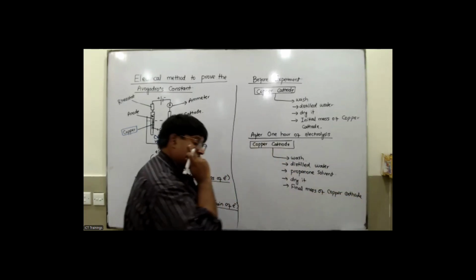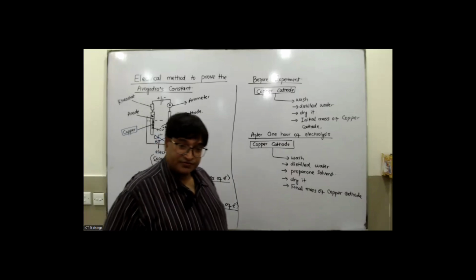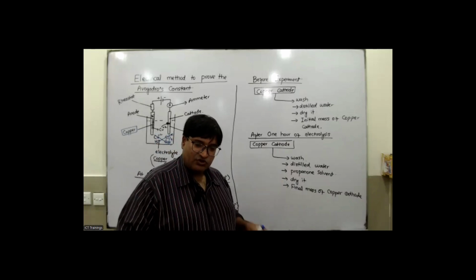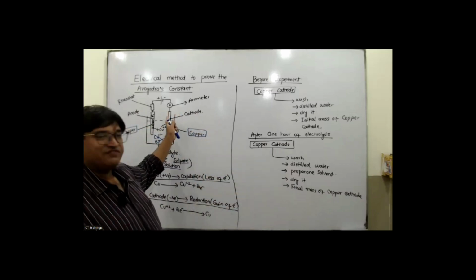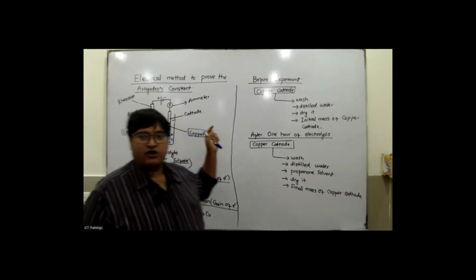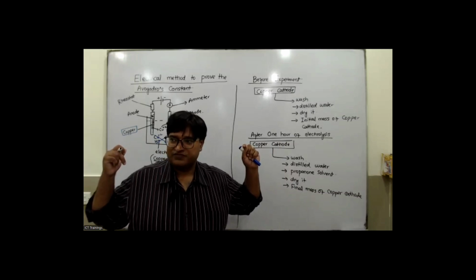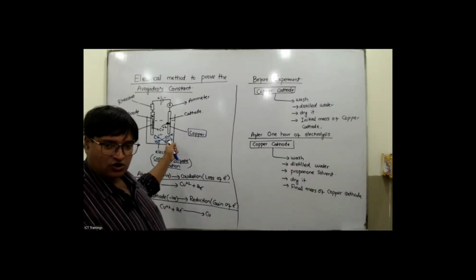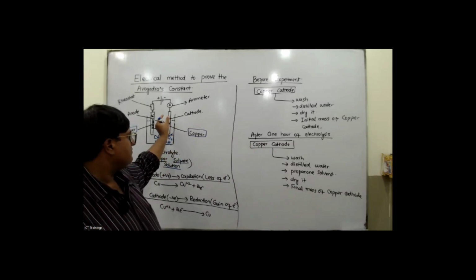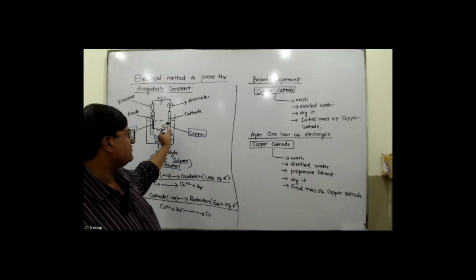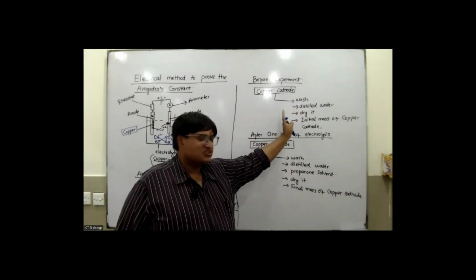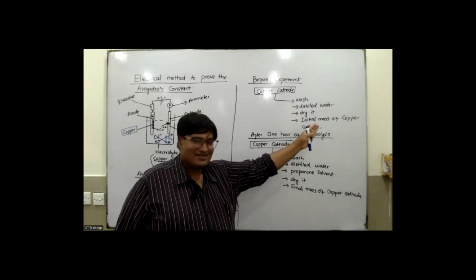We wash it with propanol solvent because firstly, when you took the copper cathode, you had not entered it into the copper sulfate solution. Before entering it into the copper sulfate solution, you washed it with distilled water only, dried it, and took the initial mass.